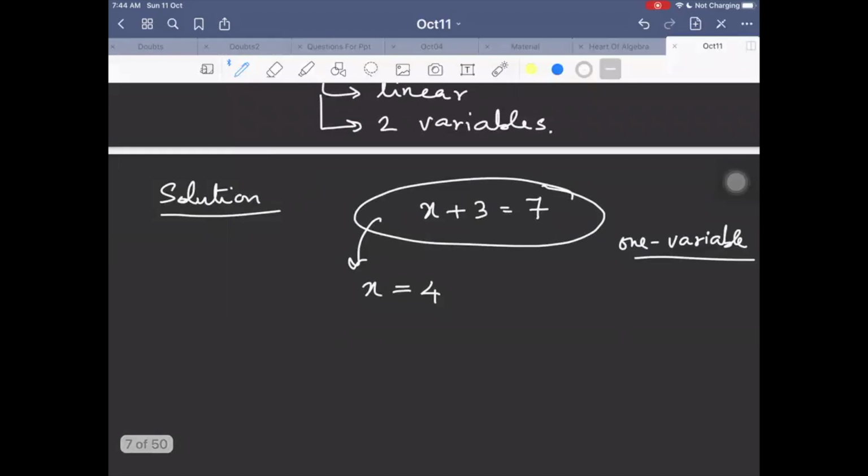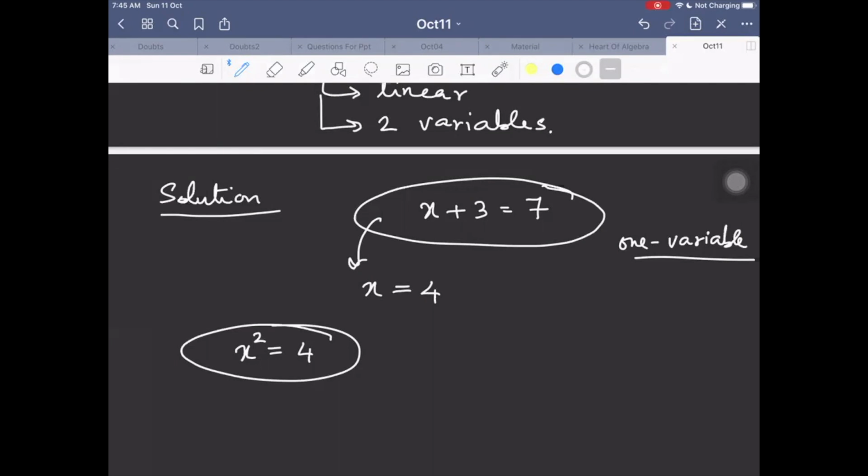Right. So what about this? We have x squared is equal to 4. What do you think will be the solution to this equation? Is it just 2? Yeah, minus 2 is also possible, right?